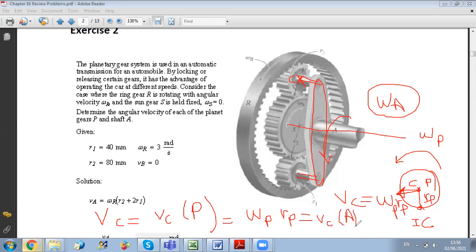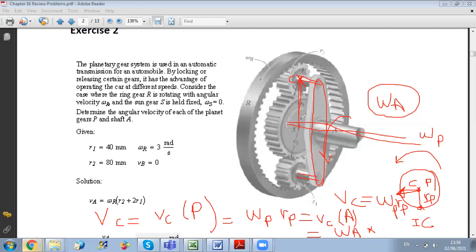So now if I take C as a point of shaft A, I should multiply omega of the shaft by which distance? It's omega A times which distance, guys? Look at the figure. This is the shaft A, right? I need the distance from C to the shaft.